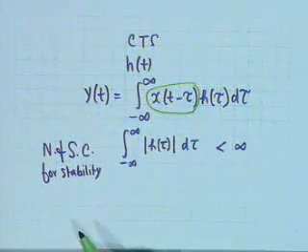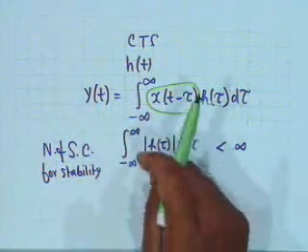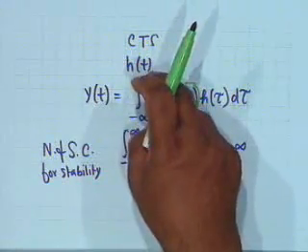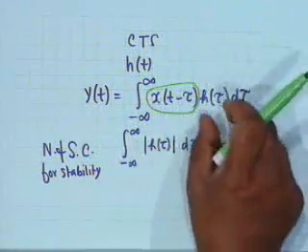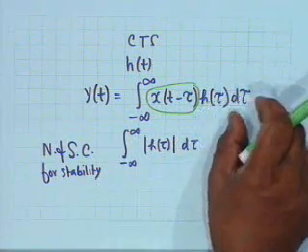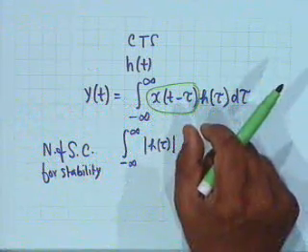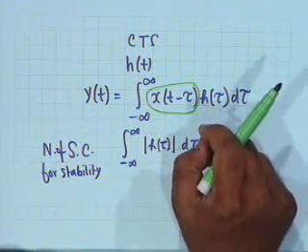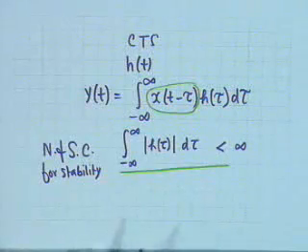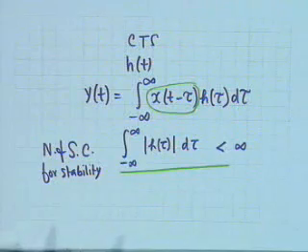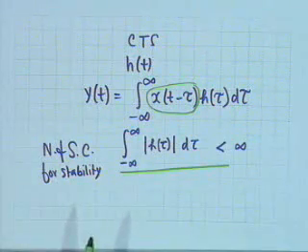Then you take the mod of y of t, and this would be less than or equal to the integral from minus infinity to plus infinity of L times mod h of tau d tau. Therefore mod y of t shall be bounded if h of t is absolutely integrable. This is the condition. That proves the sufficiency.